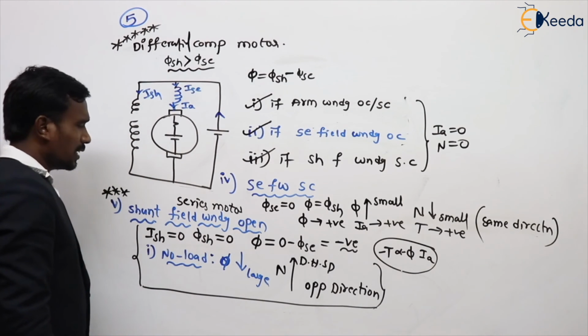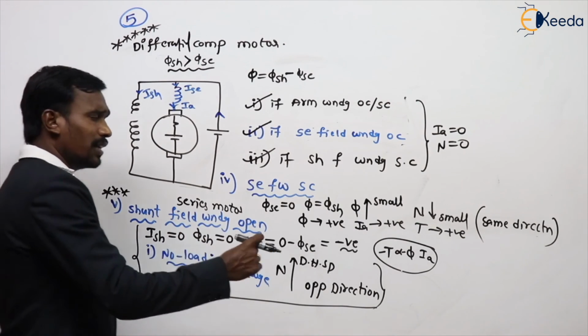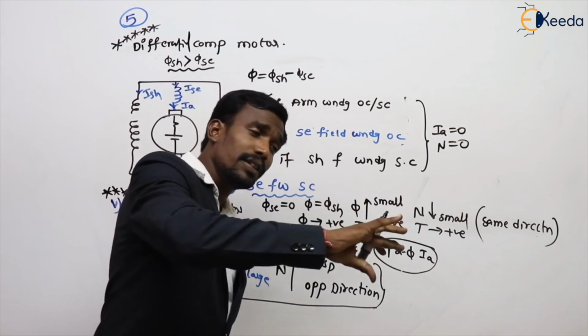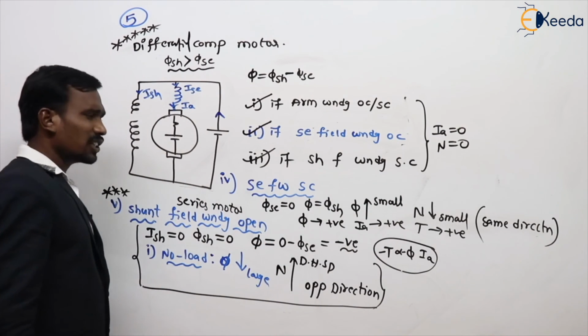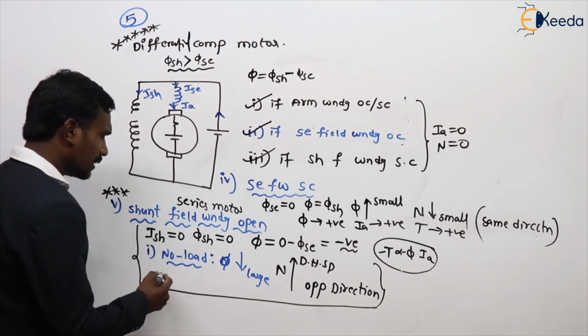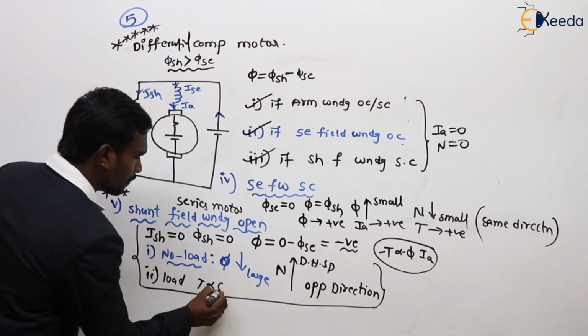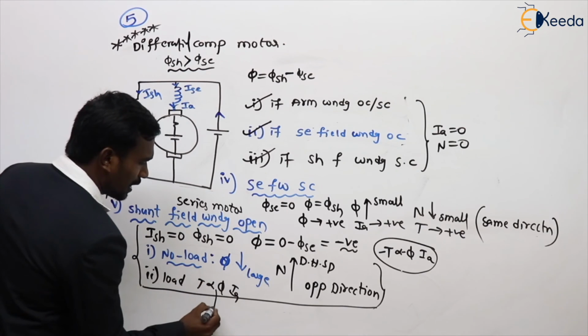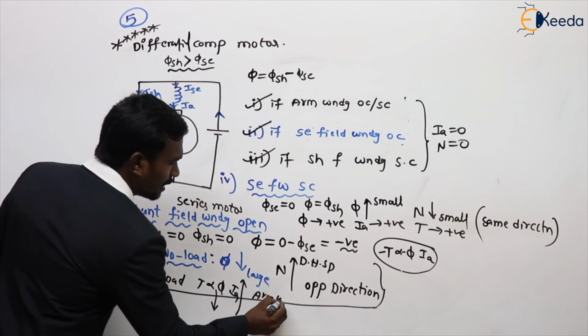Yes, sir. Here in the shunt field winding, when the shunt field winding is open circuited, speed is dangerously high, but in which direction? Opposite direction. Under loaded condition, what happens, sir? Second one, at loaded condition, torque is directly proportional to phi into Ia, the flux is more, hence the armature current is more. Then what happens, sir?